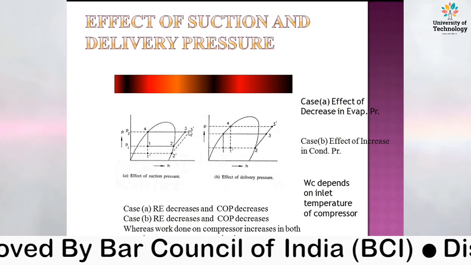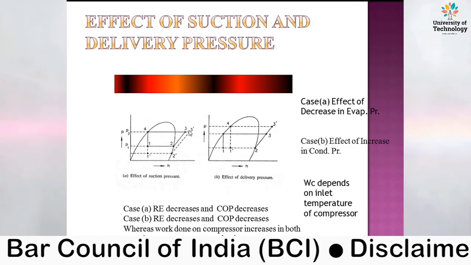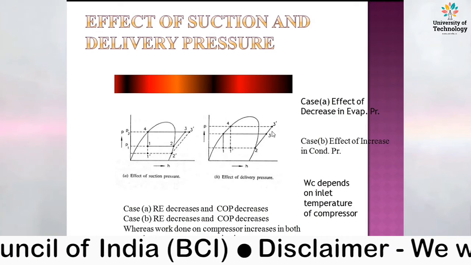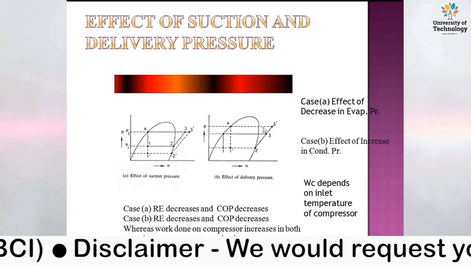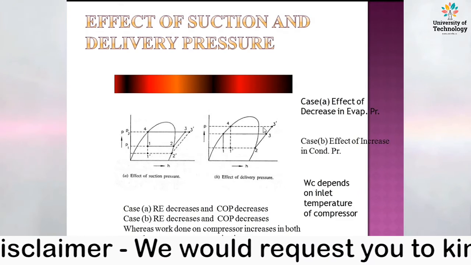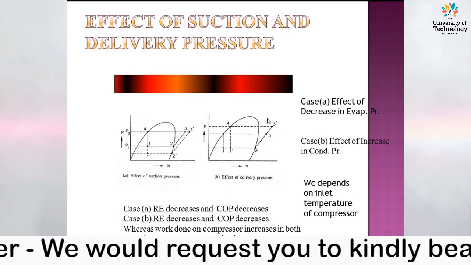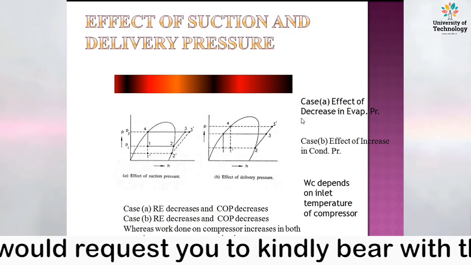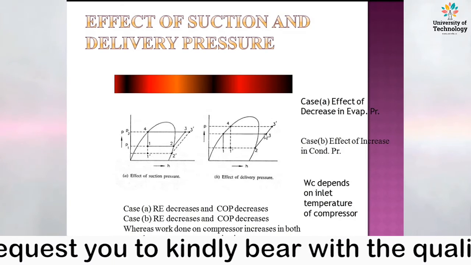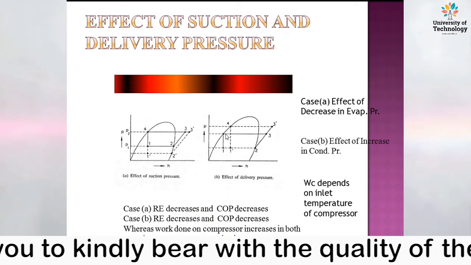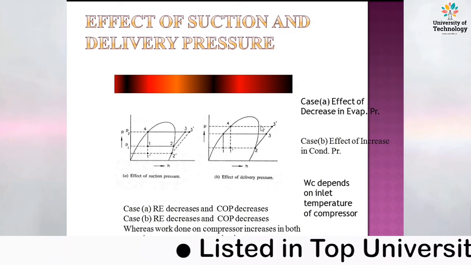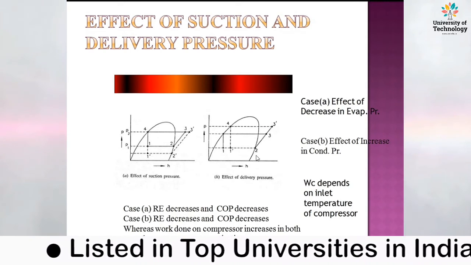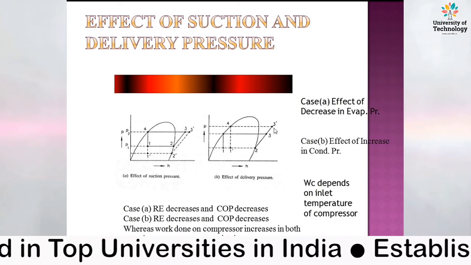At high condensing temperature, in this case, the refrigerant effect is H3 dash minus H4, and at low condensing temperature the refrigerant effect is H3 minus this value. So at high condenser temperature, the refrigerant effect decreases, compressor work increases, therefore the coefficient of performance decreases.